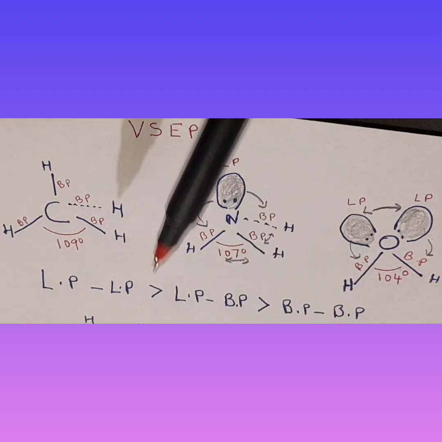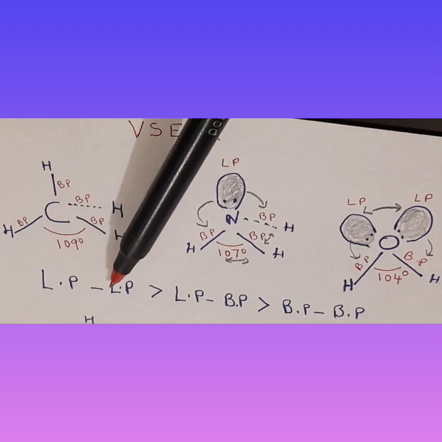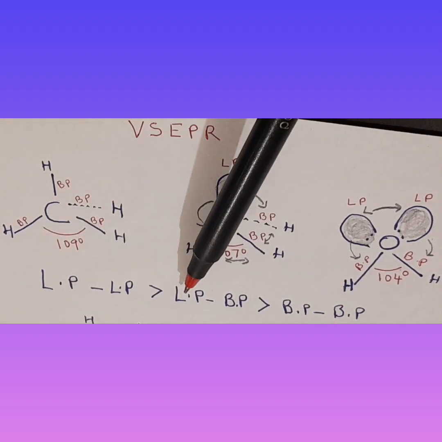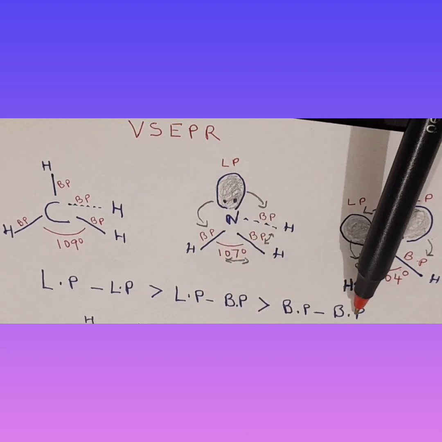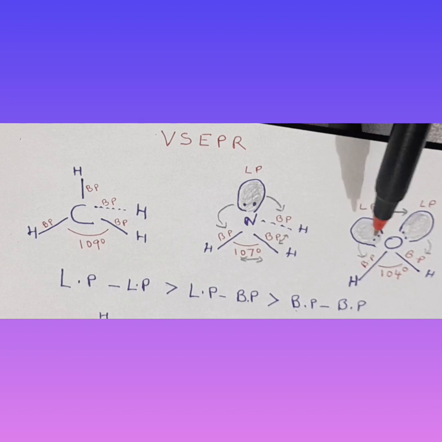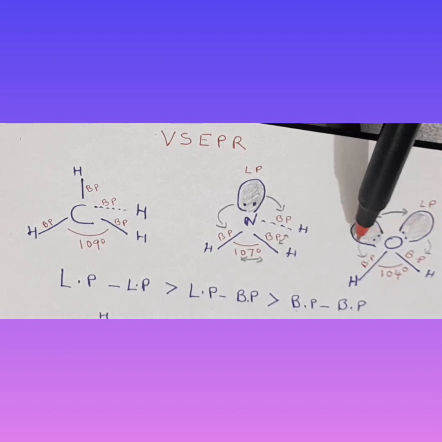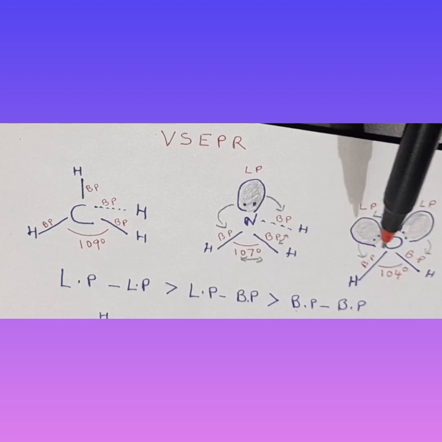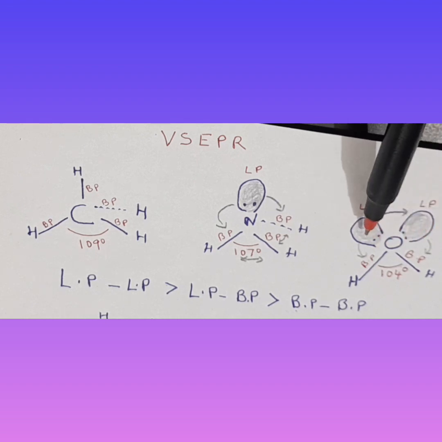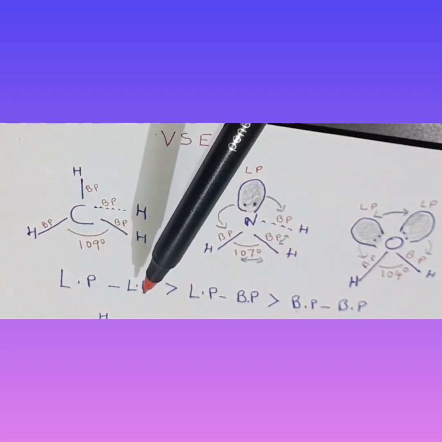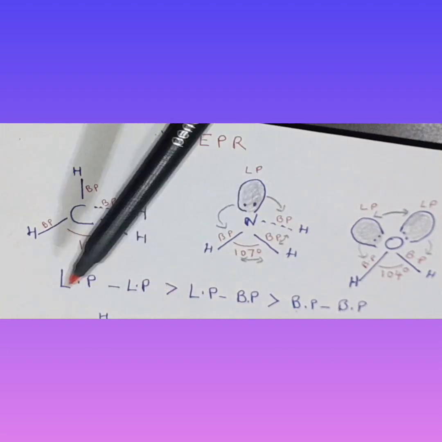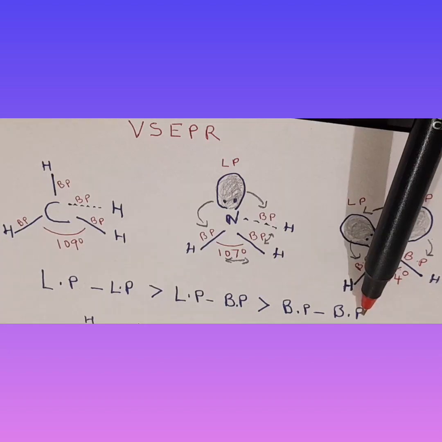So in conclusion, we can say that lone pair repulsion is greater than lone pair, bond pair repulsion, which is greater than bond pair repulsion. Why is lone pair repulsion maximum? It's maximum because it is repulsion between 2 negatively charged electron clouds. So lone pair repulsion is sitting at the top of the series.